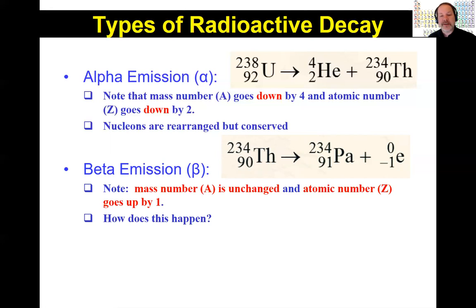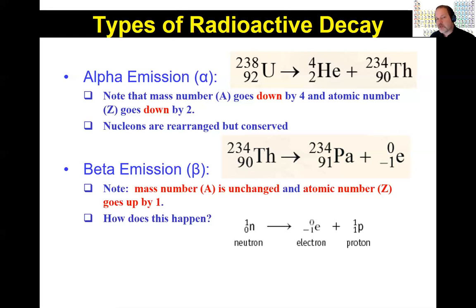And so you can see that the mass number and the atomic numbers are identical in this thorium-234 reaction, that both sides add up to 234 for their masses, and both atomic numbers add up to 90 on both sides, because 91 plus a -1 equals 90. So once again, how does this happen?